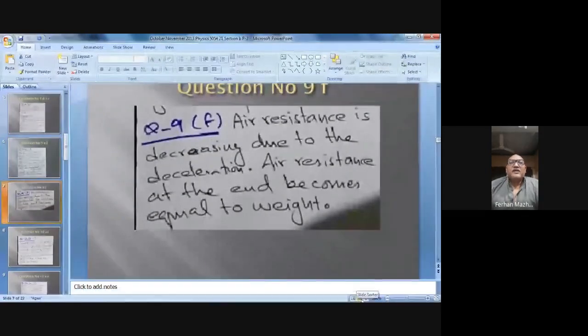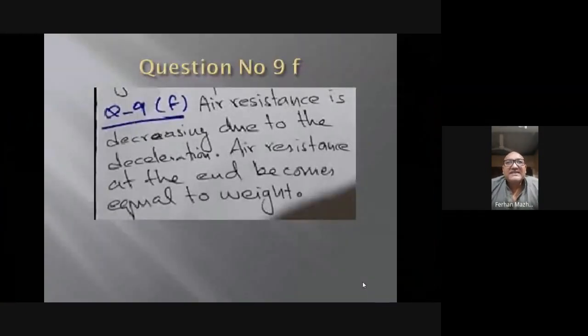Here we go. Air resistance is decreasing due to the deceleration. Air resistance at the end becomes equal to the weight. At approximately 28 seconds, the body started falling with constant speed, because the air resistance and the weight have become equal to each other. The resultant force is zero.